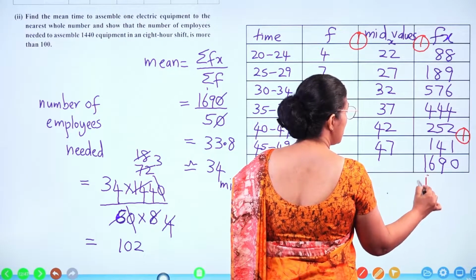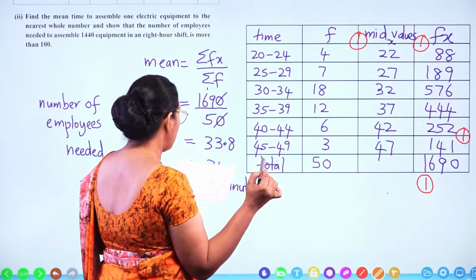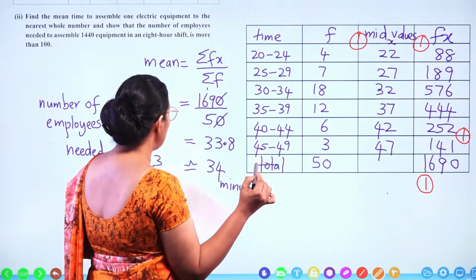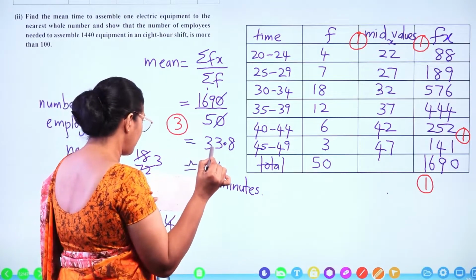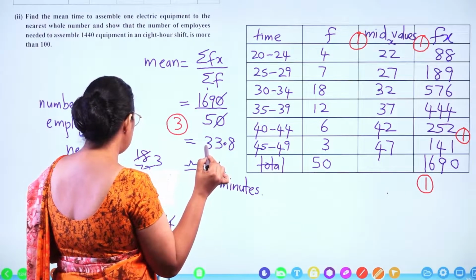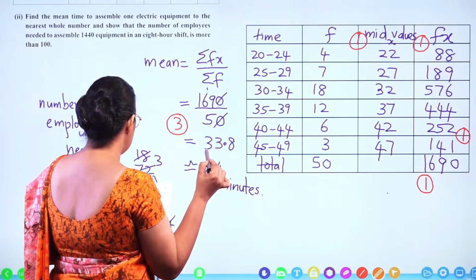And then finding the mean value, you get 3 marks for this calculation. And finding total number of employees needed, that's 2 marks.